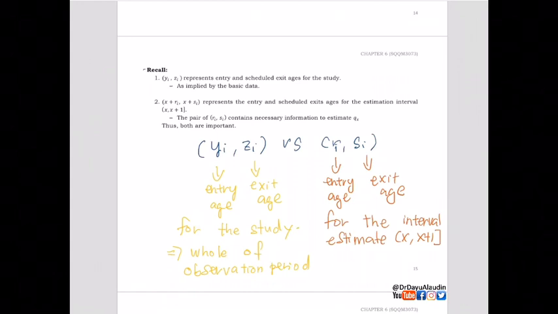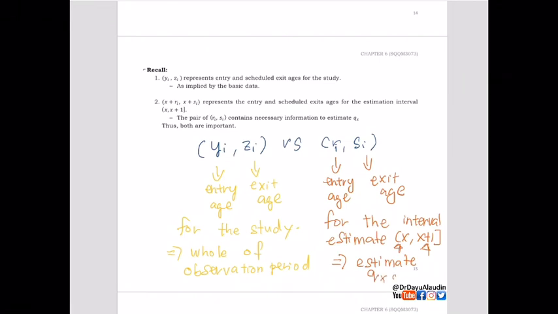Why do we have round bracket and square bracket? Round bracket means that x is not included, and the square bracket means that x plus 1 is included in the interval. So we want to determine the qx. We want to estimate the qx or the px. Why?